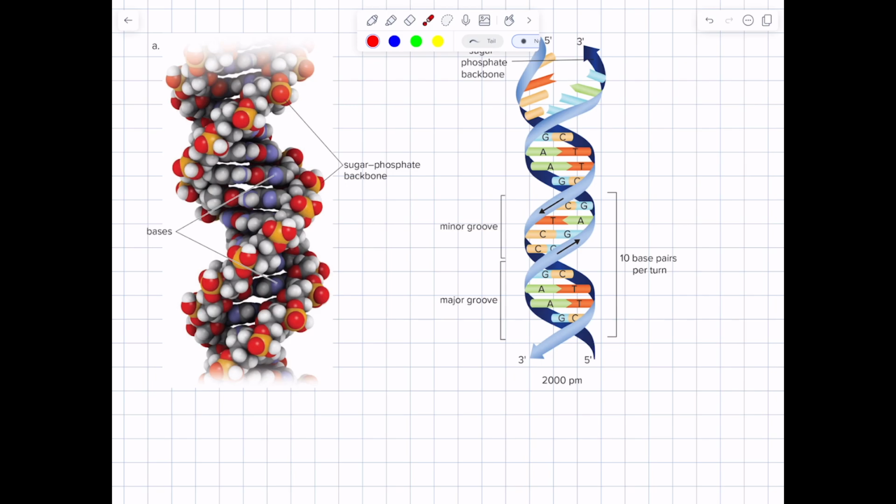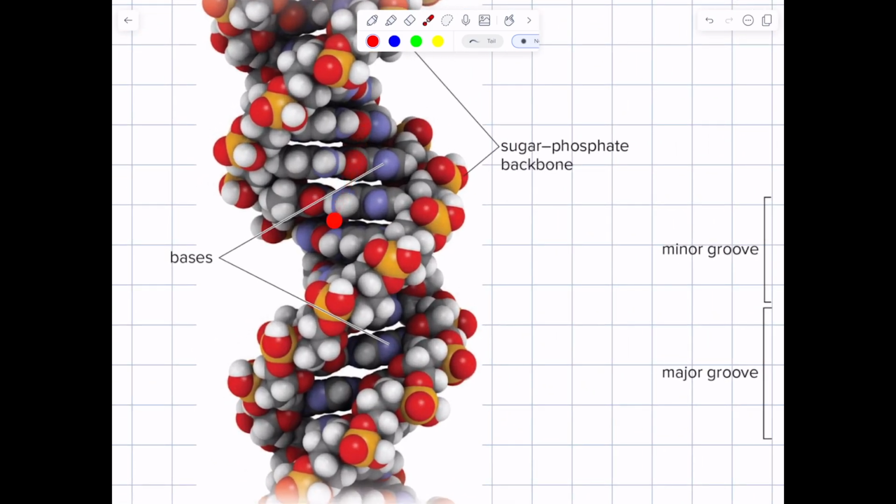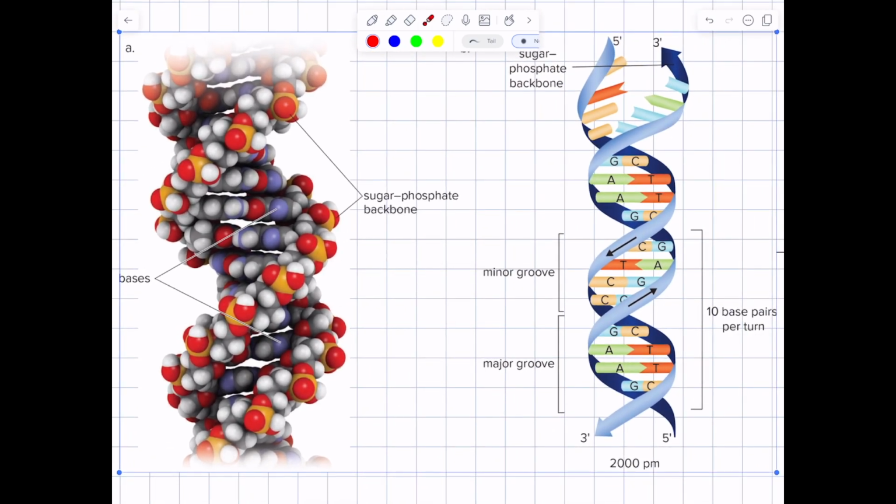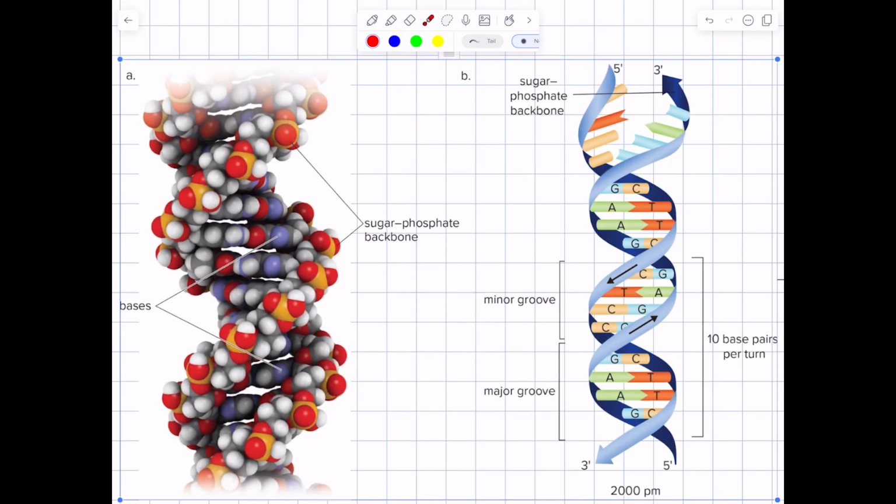Another thing you will learn about potentially in biochemistry is that the major and minor grooves expose a lot of hydrogen bond donors and acceptors. As we look at the edge of a base pair, you can see there are some, such as this nitrogen and this oxygen, that are involved in hydrogen bonding, and there are others, such as this nitrogen, which do not appear to be involved in hydrogen bonding.